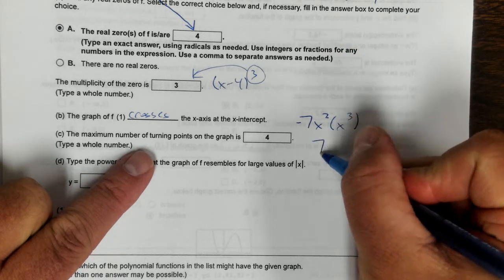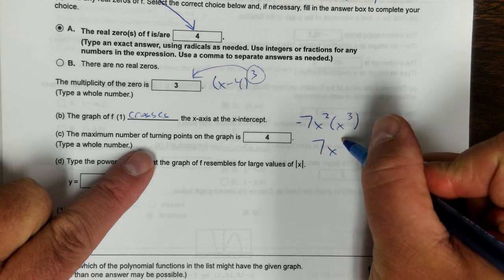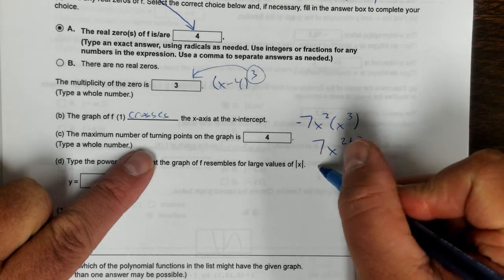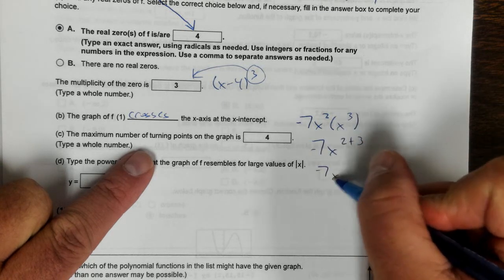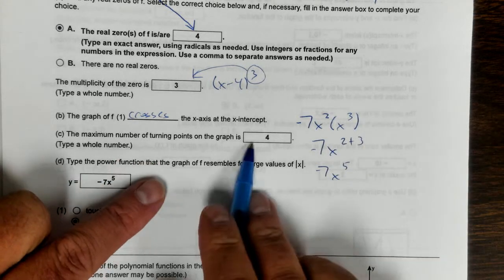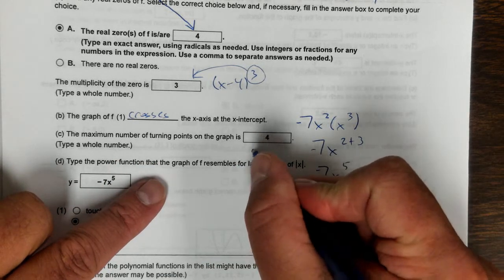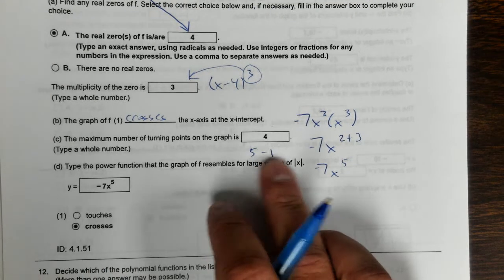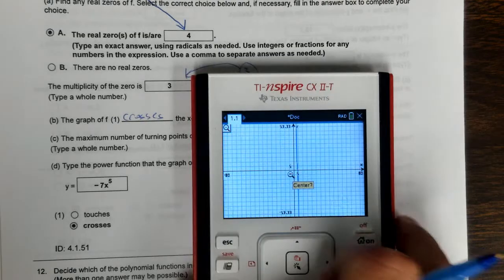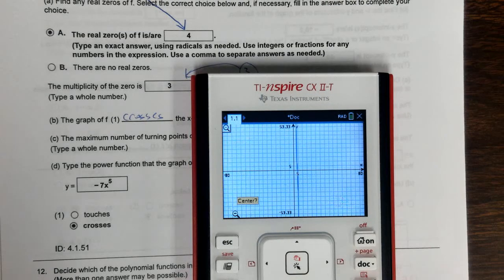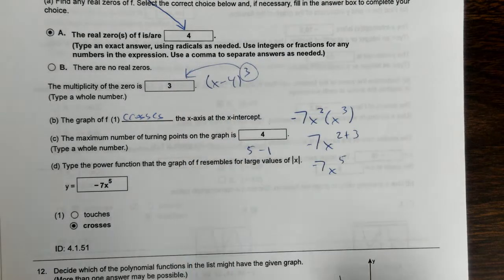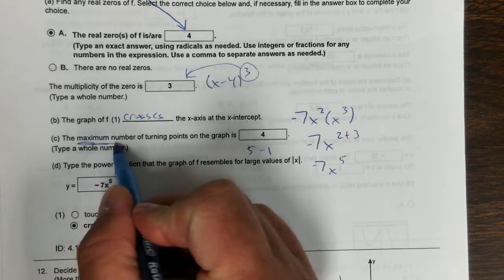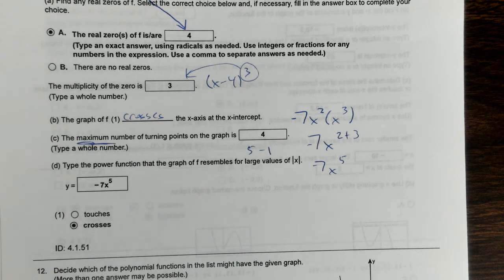So that'd be negative 7x to the 2 plus 3, which is negative 7x to the 5th. So for the maximum turning points, it'd be 5 minus 1, which is 4. In this case, we don't really have that many turning points because we only have one x-intercept, but that one's the maximum number of possible ones. So that's how you get that.